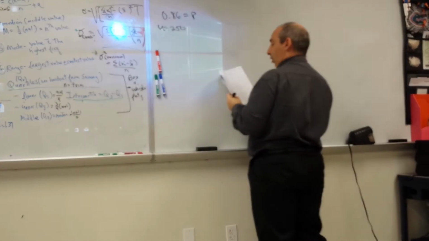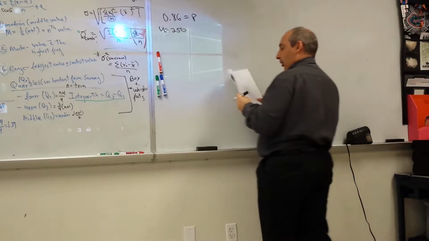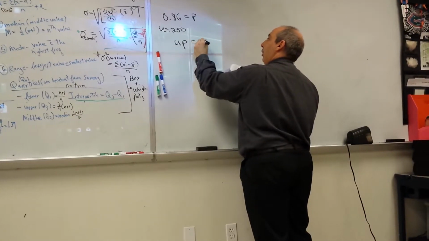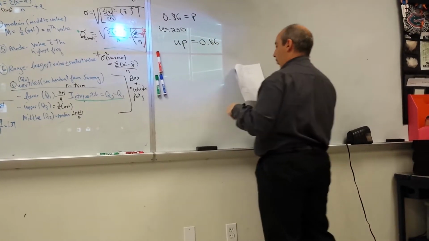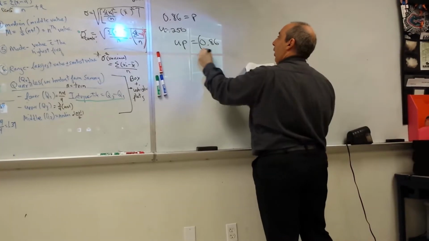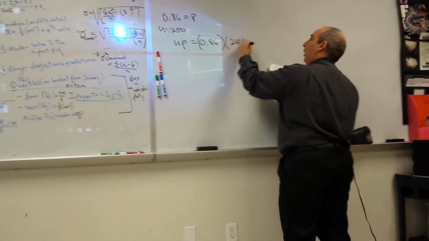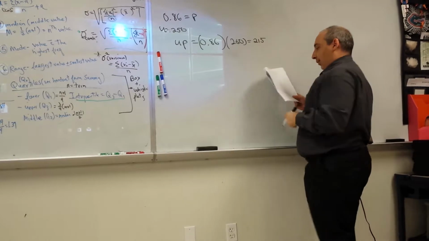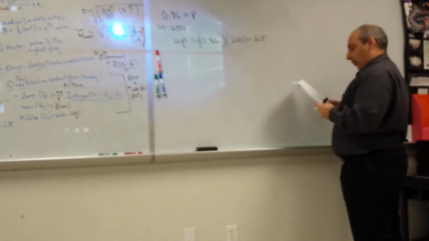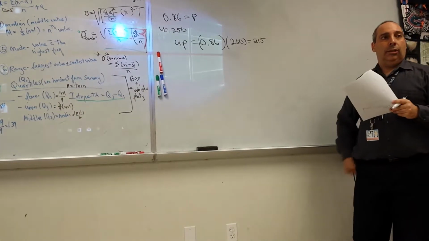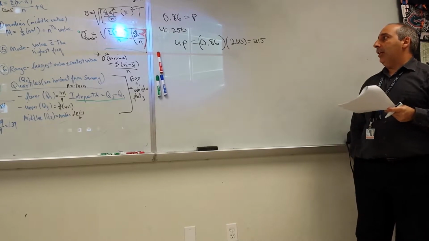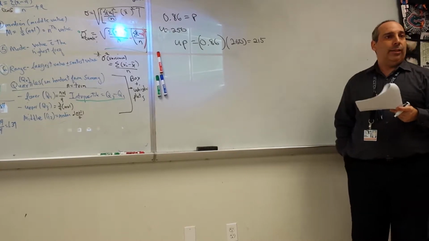I call it n. So the first thing they do is go n times p. Is this Poisson? No, just a straight normal distribution. 0.86 times 250, and they get 215. That's the first step, okay? Okay so far? Yeah, probability times n gives us the expected value. That's what they're really doing.